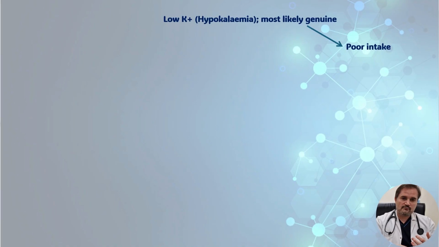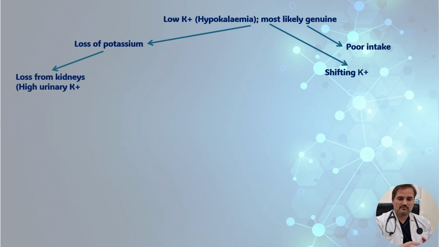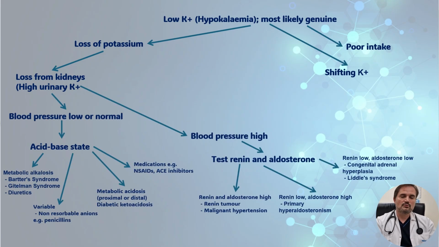So if you are losing the potassium, you could be losing this from the kidneys. I'm not going to go into the number of different kidney causes, but you can test to see if there's a lot of potassium loss in the kidneys. Let's just say there are lots of conditions where it does become a little bit complex and medical to discuss all of those in a video of this sort.